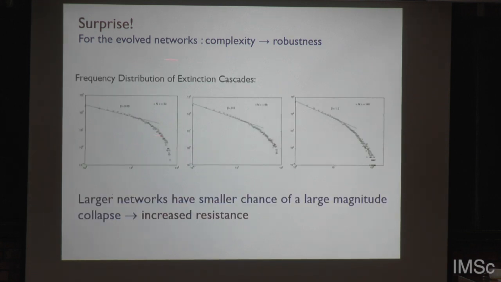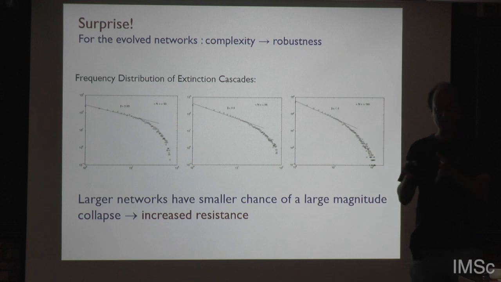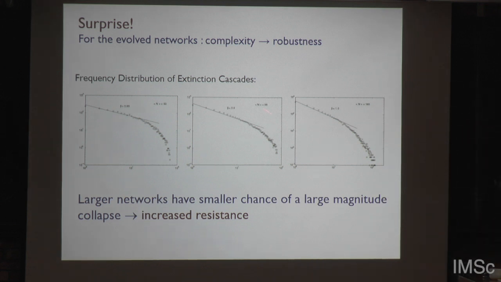Finally, if you look at the distribution of the extinction cascades, so if you ask, do larger networks have smaller extinction cascades? Yes, it turns out that you have smaller magnitude crashes if you have networks having larger mean number of species. So from that point of view, there's also increased resistance.